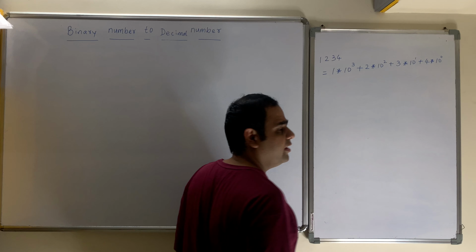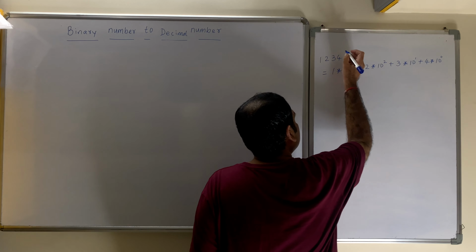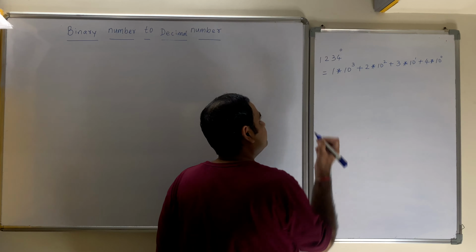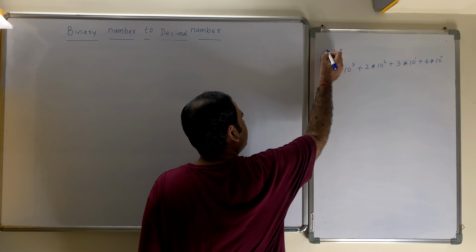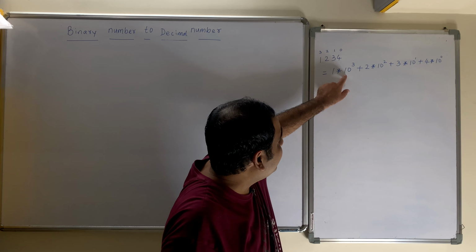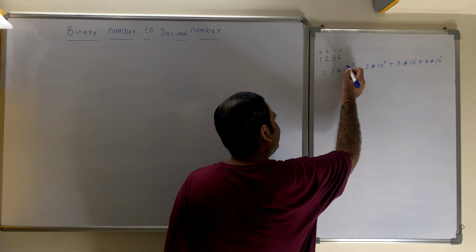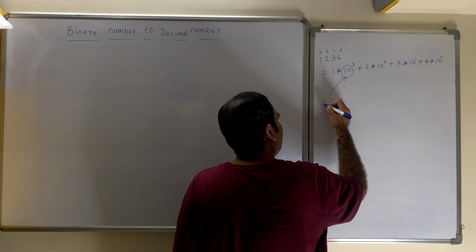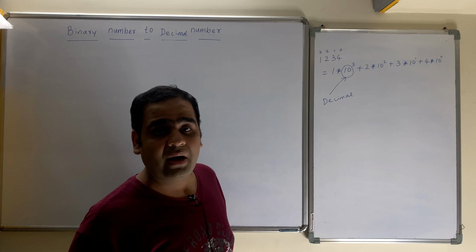Why do we write 10 to the power 0? Because this is the units place, that is 10 power 0. This is the tens place, this is the hundreds place, and this is the thousands place. And why do we write 10 to the power? Because of the decimal system.